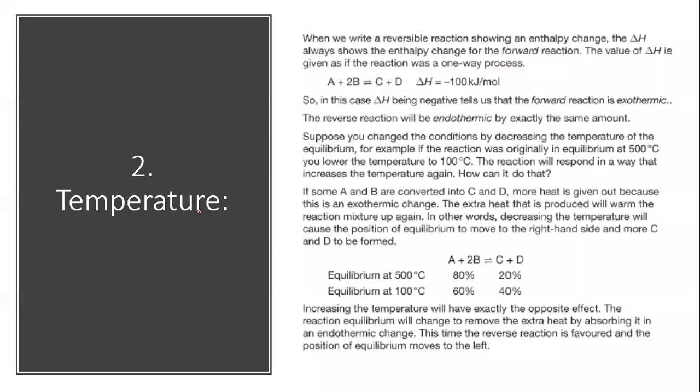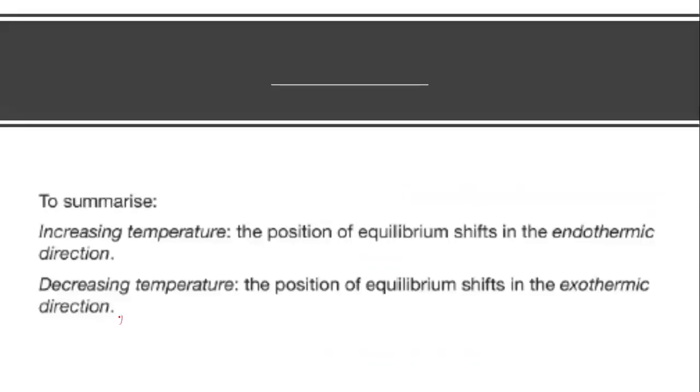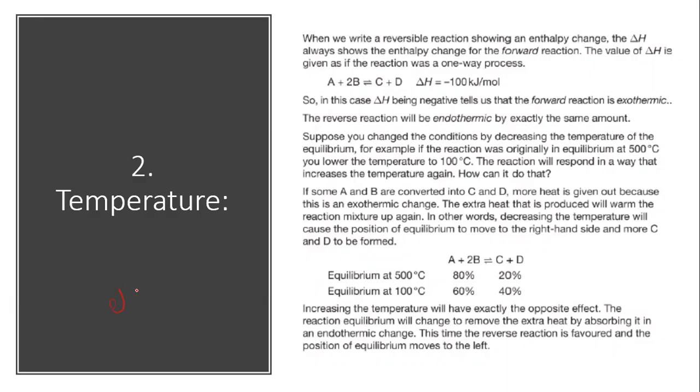But generally, an exothermic reaction gives out heat. An exothermic reaction is that reaction which produces heat, right? An endothermic reaction is that reaction which absorbs heat from the surroundings.